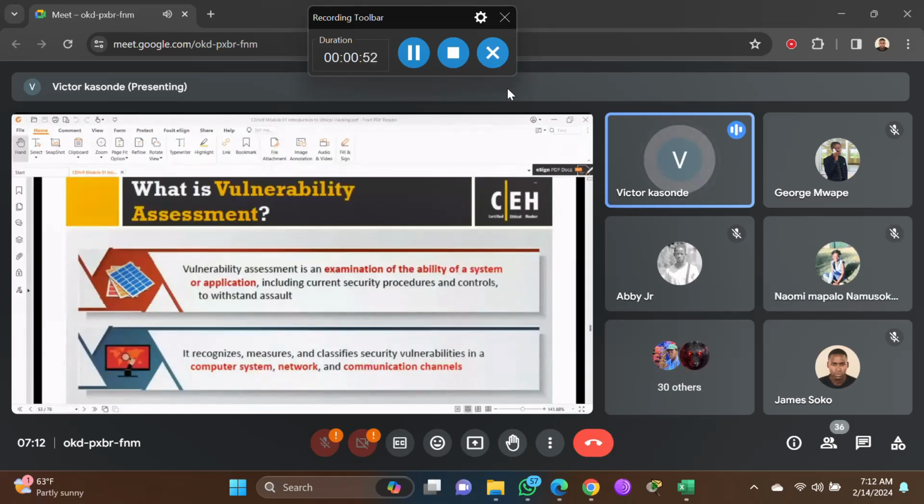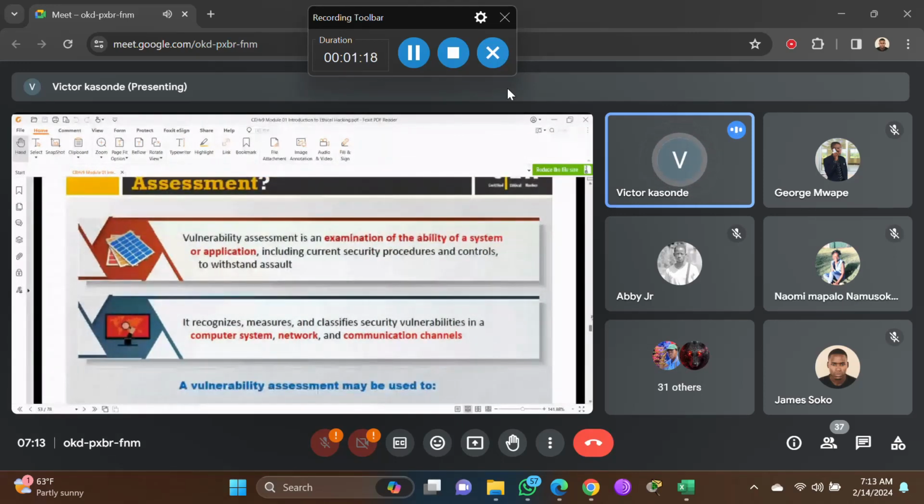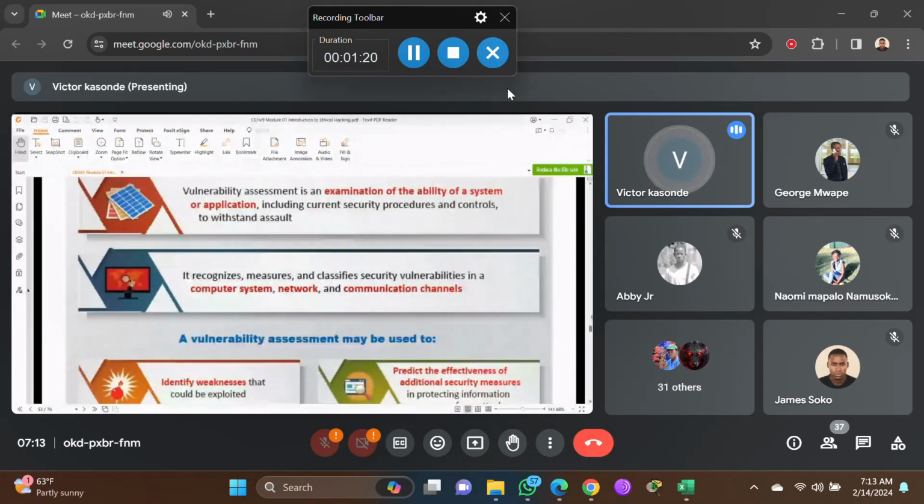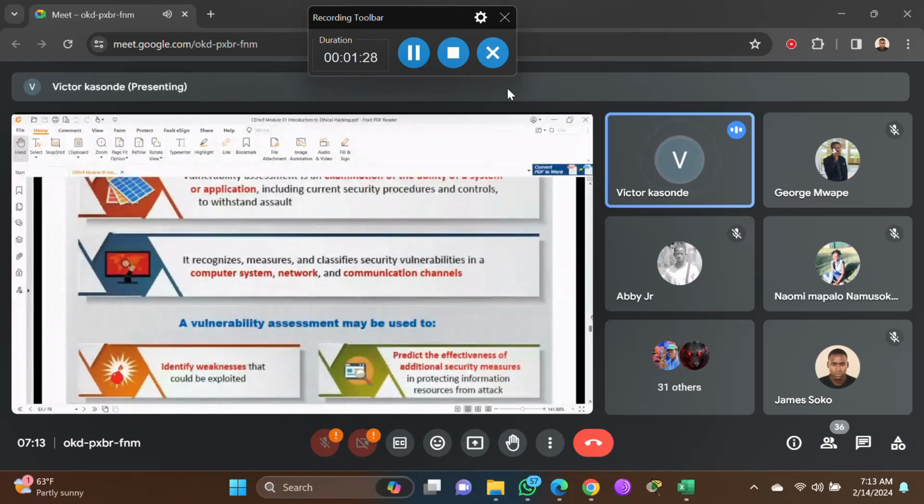So vulnerability assessment is an examination of the ability of a system or application, including current security procedures and controls, to withstand assault. That is the meaning of vulnerability assessment. It recognizes, measures and classifies security vulnerabilities in a computer system, network and communication channel.